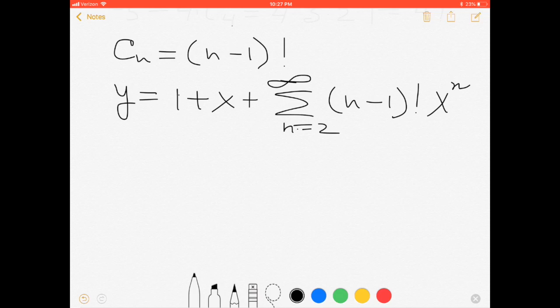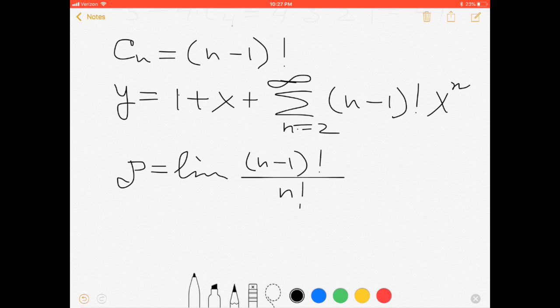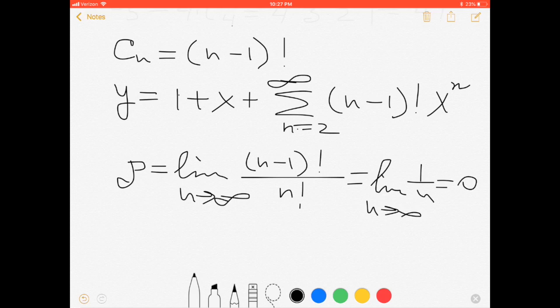This means we have rho, the limit of n minus 1 factorial divided by n factorial as n approaches infinity. I don't write the absolute value because factorial is positive here. It will be the limit of 1 over n, but this is 0 as n approaches infinity.